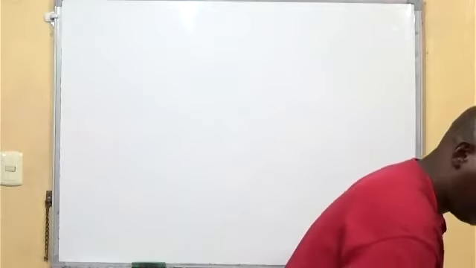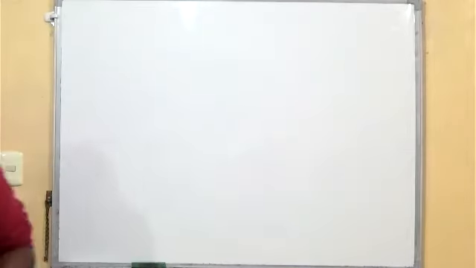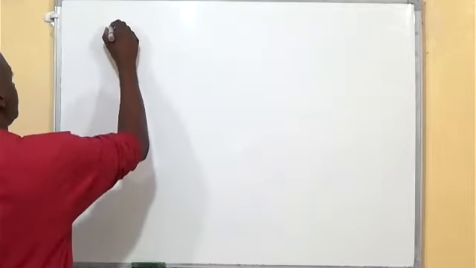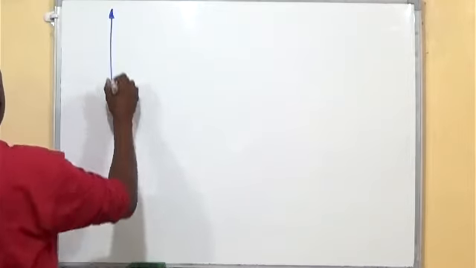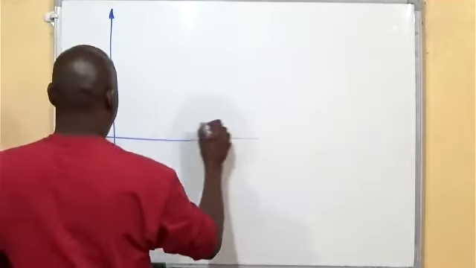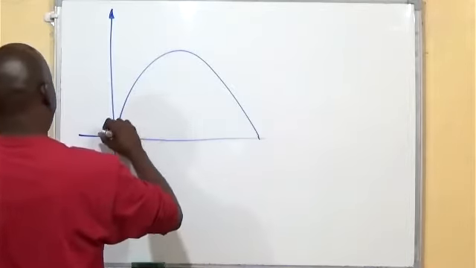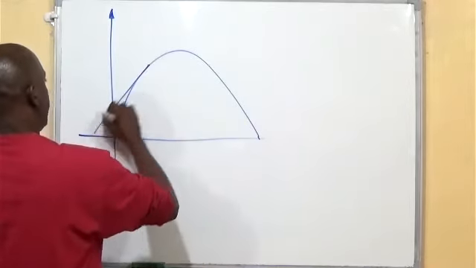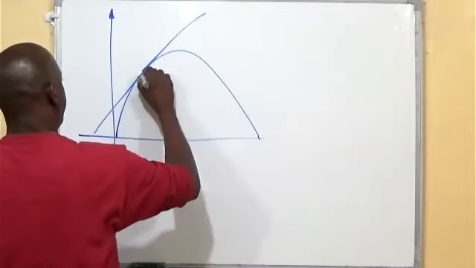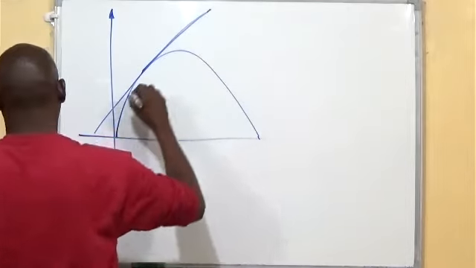All right, so the graph looks something like this. They give you a whole curve there, and they give you the equation like this.